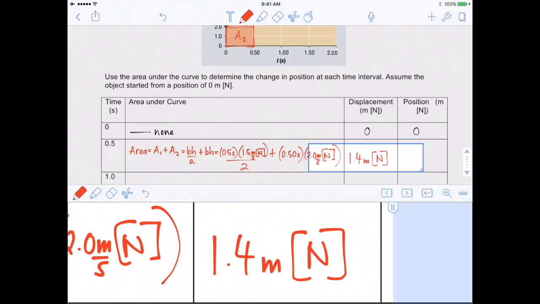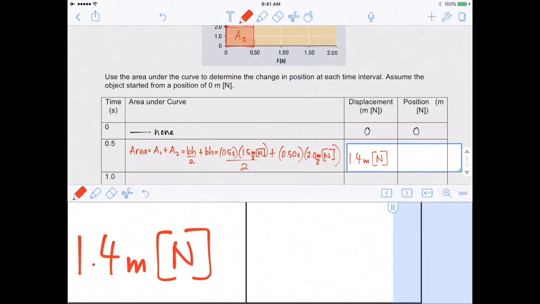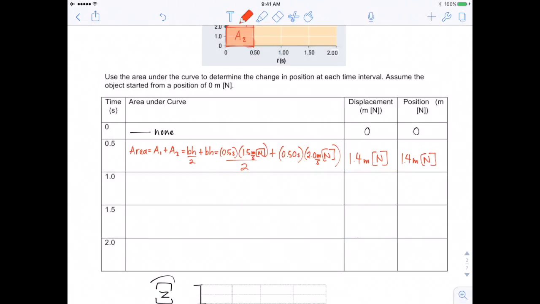And if we were starting from 0, then our final position after traveling this 1.4 meters north is 1.4 meters north from the start. So what we've done is determine the displacement over the first interval of time and our resulting position for our first interval of time.